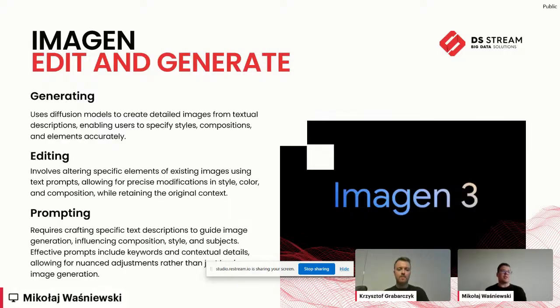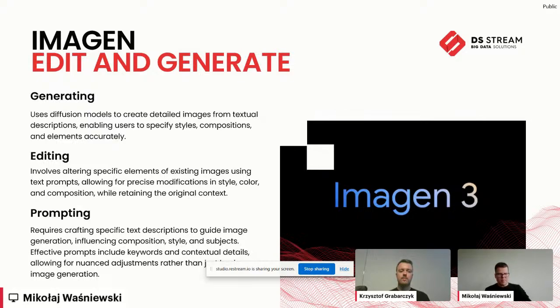And you have much more features, which I will be talking about later. What is really important in Imagen is the way you write your prompts, because the better your prompts are, the higher quality results you will get.